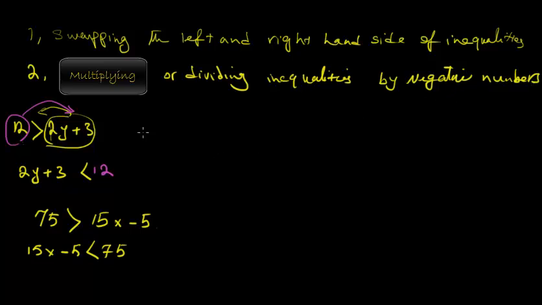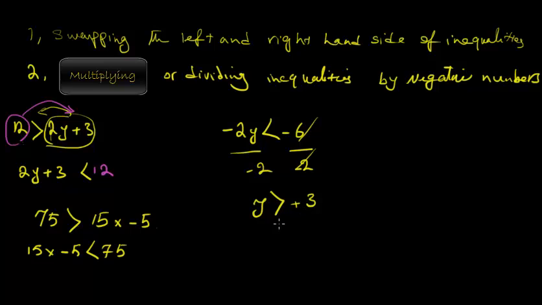Let's say we have minus 2y less than minus 6. The first step in solving this inequality is to divide it by minus 2 in order to have y on its own on the left side. So we divide both sides by -2. Then we'll have y, we swap the sign, is greater than +3.